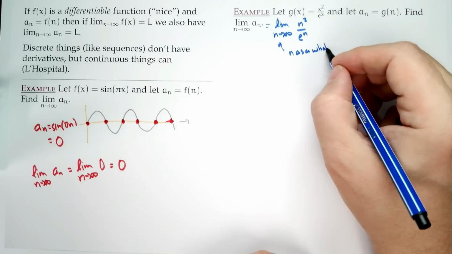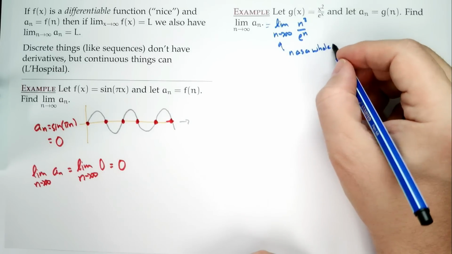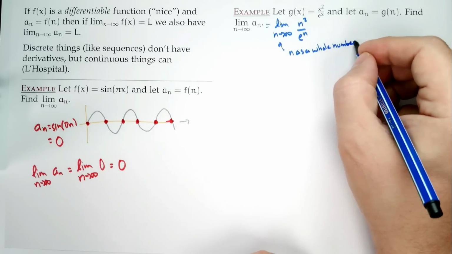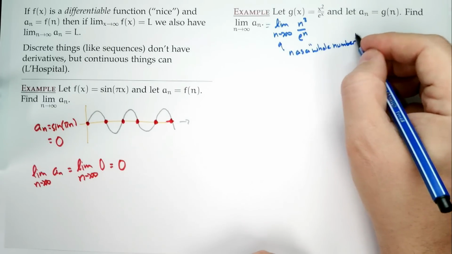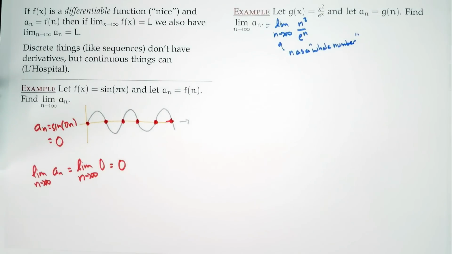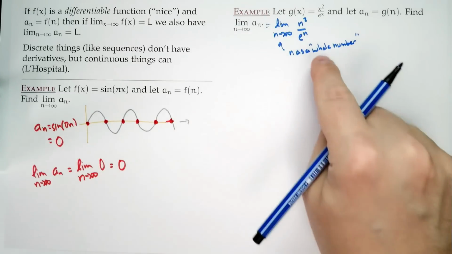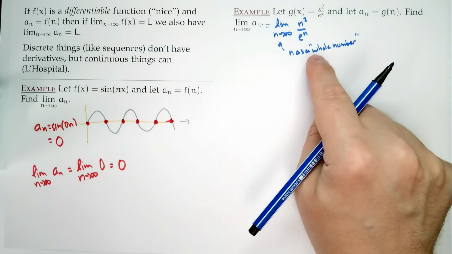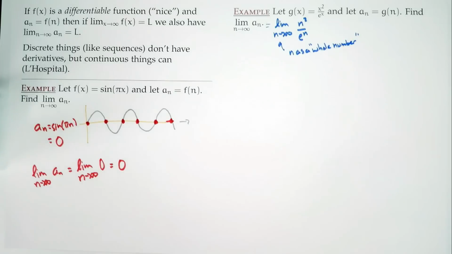Now, you might say, well, let's use L'Hopital. And the answer is, well, we're kind of going to do that. Absolutely, that's the direction we're going. Technically, we can't do it here, because it comes back to our discrete versus continuous. But we say, look, let's look at the continuous case. And if in the continuous case it works, then we're fine.